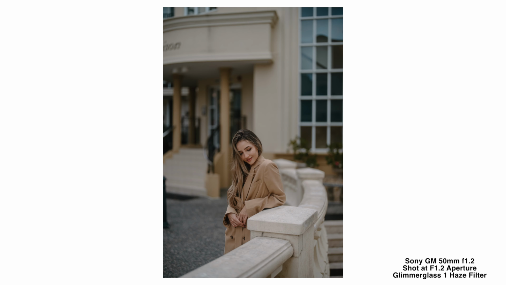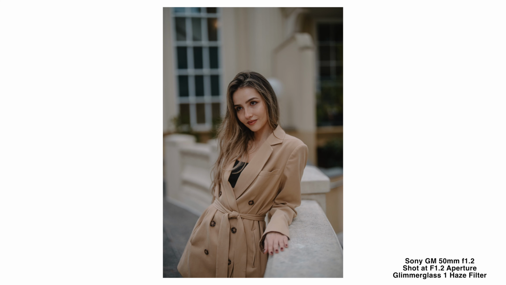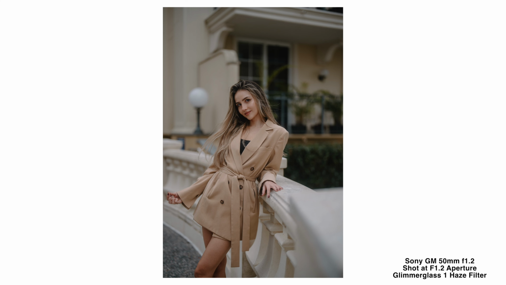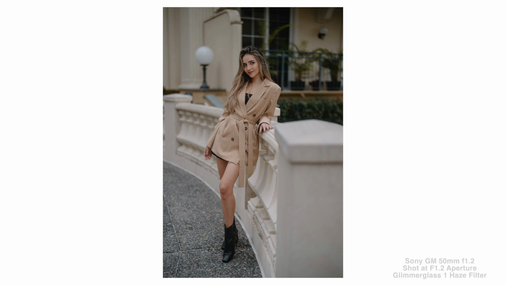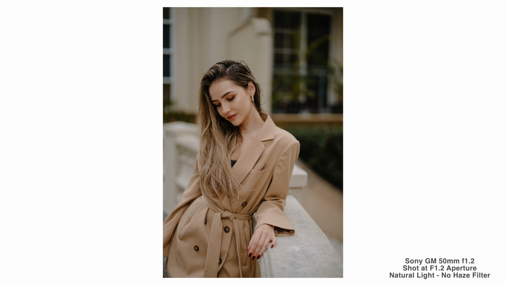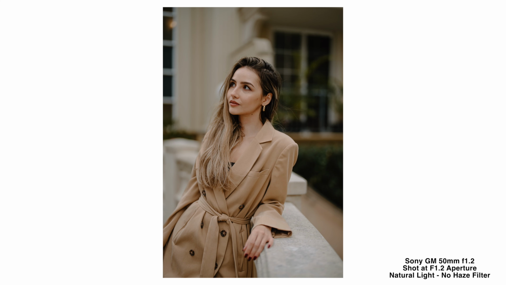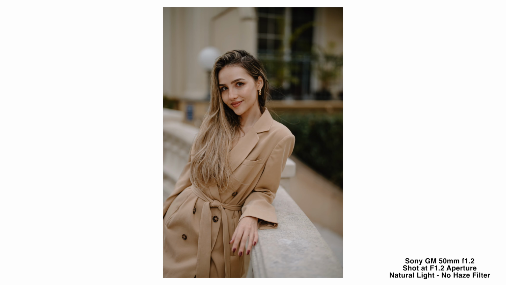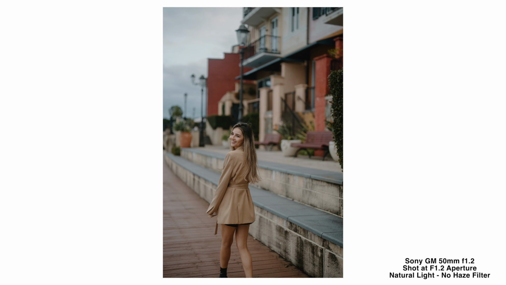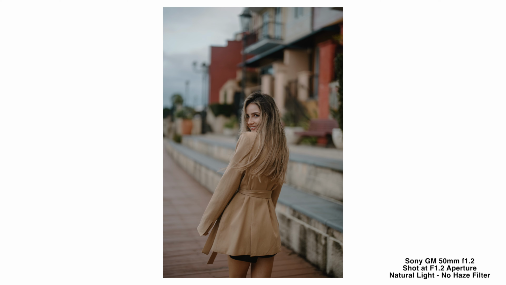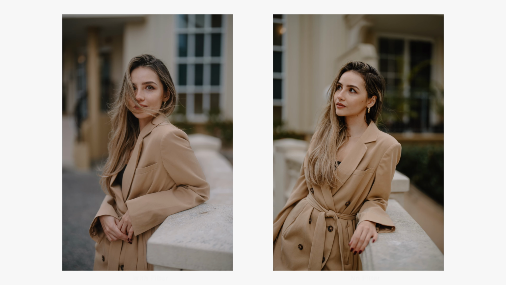And why I like to use this sometimes is when you're shooting a photo with a really sharp lens, like the 50mm f1.2, sometimes it's too sharp. And what this does is that it really helps soften the image, softens the face, diffuses the light a bit more and gives it that more bokeh, creamy type of feeling. And I quite like using haze filters during the day, just not during the night, just depending on the strength.